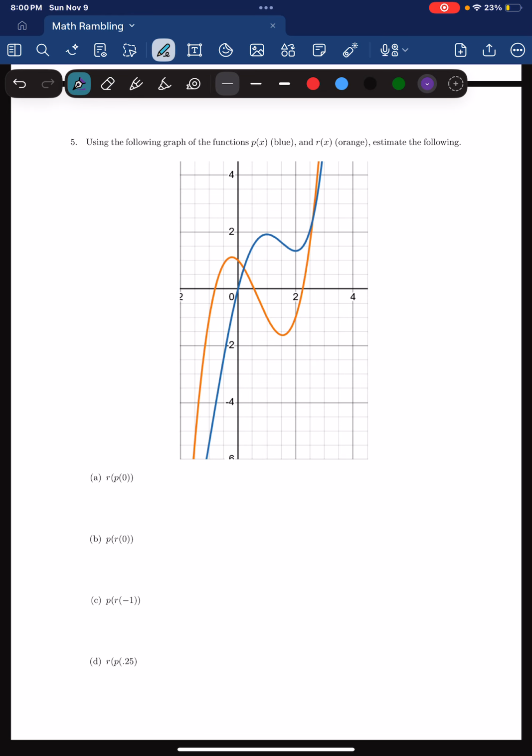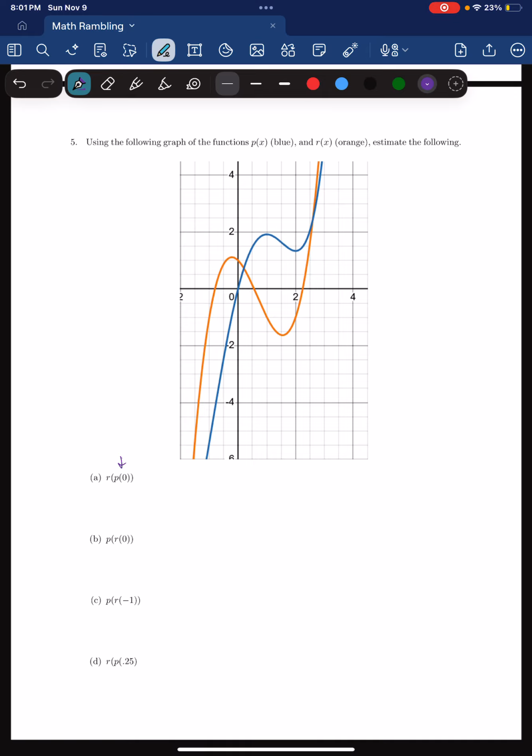So, the way we do this is by working inside out. So, for letter A, the first one, we need to find P of 0. Okay, well, how do we find P of 0 with the graph?